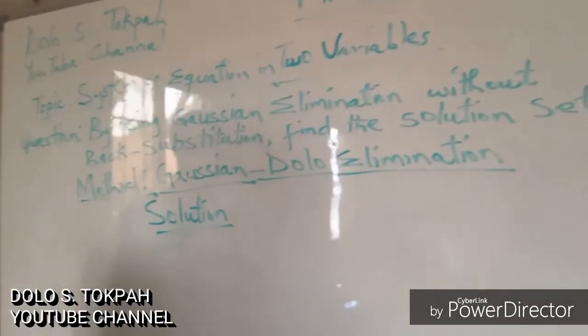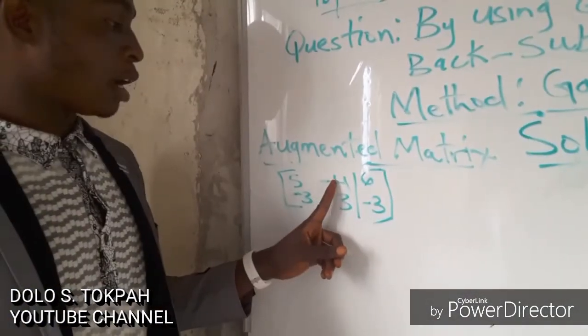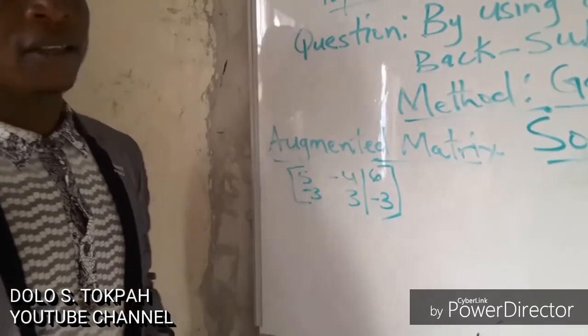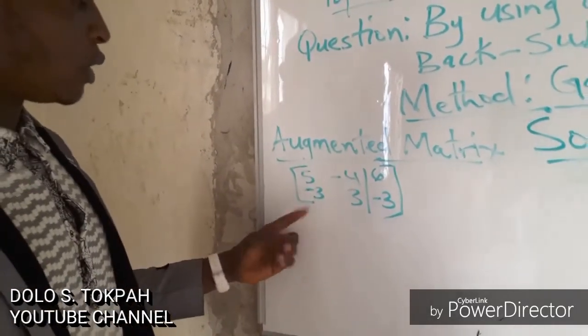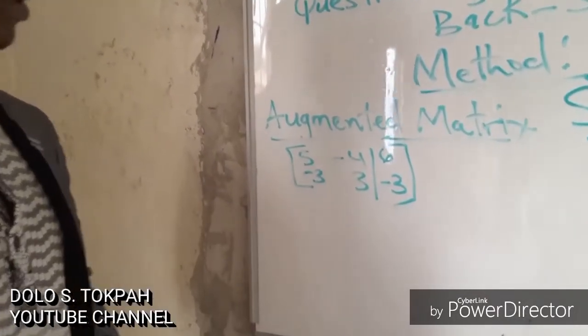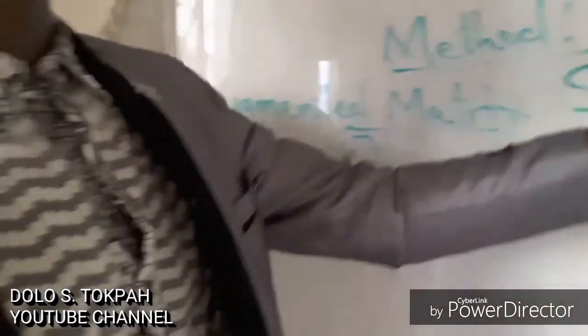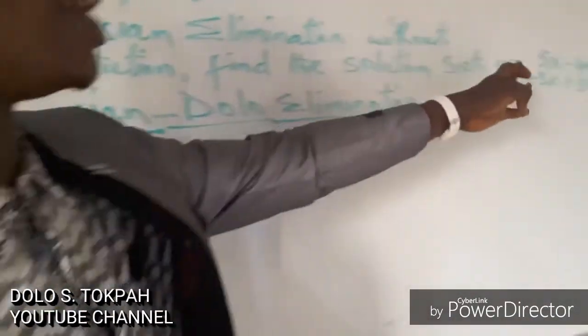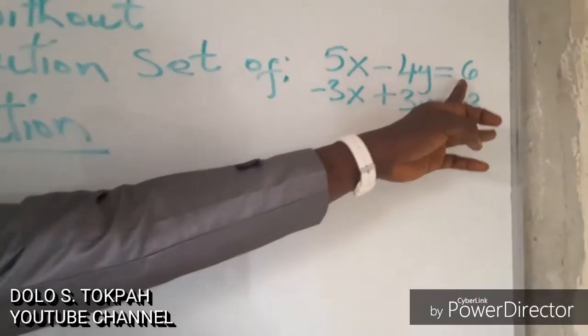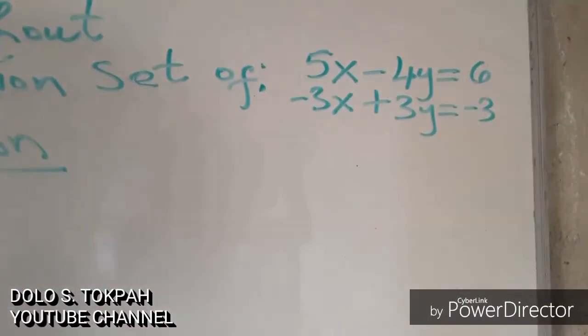Writing our augmented matrix, we're going to have 5, minus 4 in the first row with a constant 6. We also have the second row: minus 3, positive 3, with minus 3 as the constant. Like I said, we are using the coefficients of x and y and also the constant term.